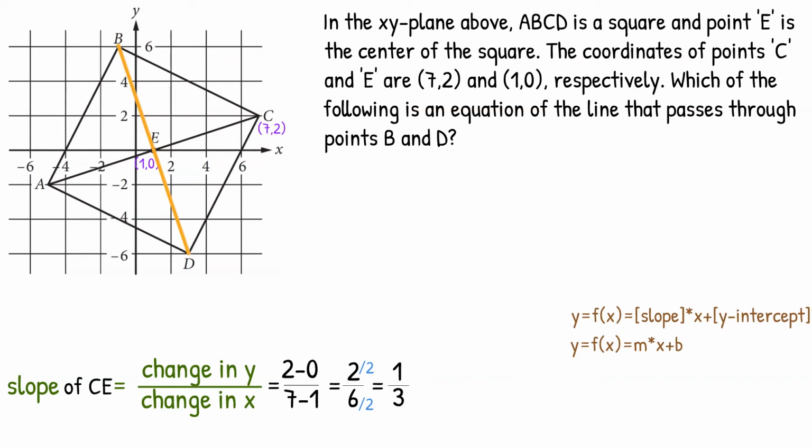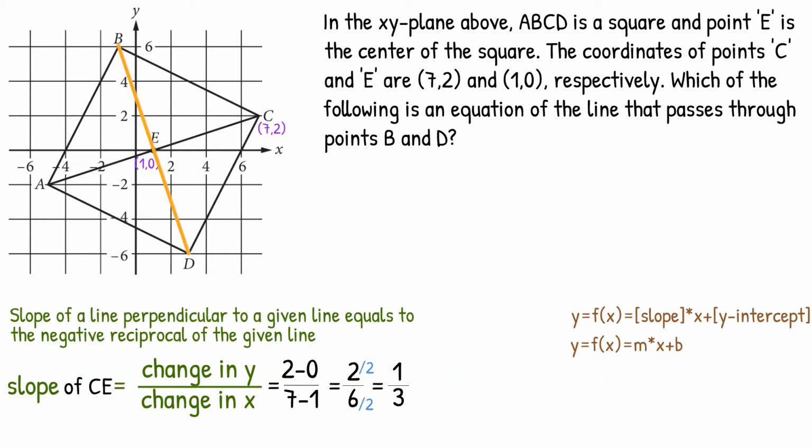We need to know one more piece of information to finally solve this problem. That is that the slope of a line perpendicular to a given line equals the negative reciprocal of the given line's slope. To understand this stiff phrasing, let's go back to our example.